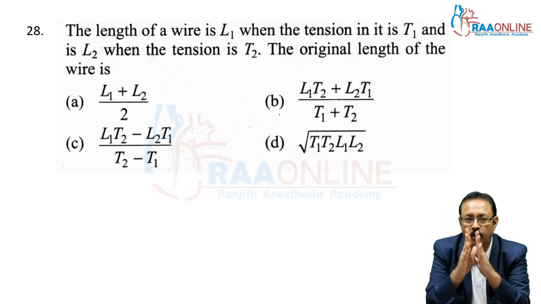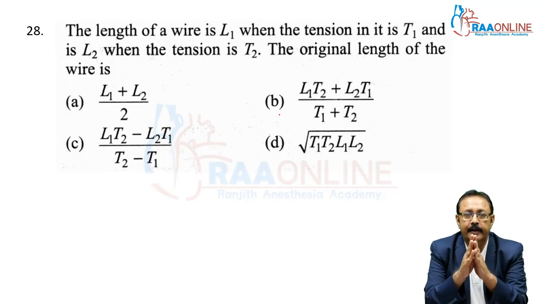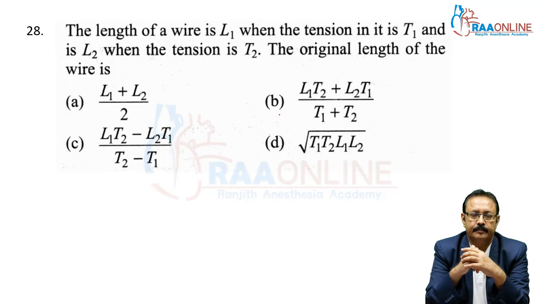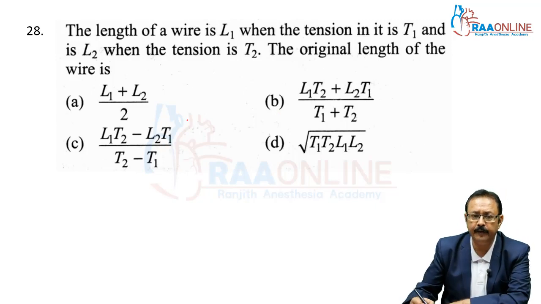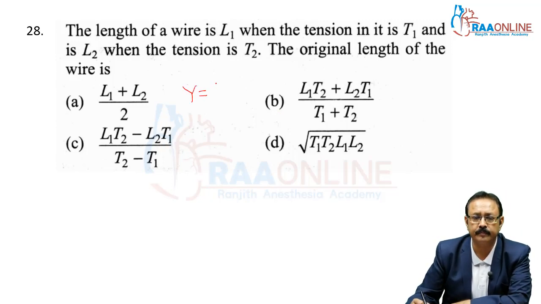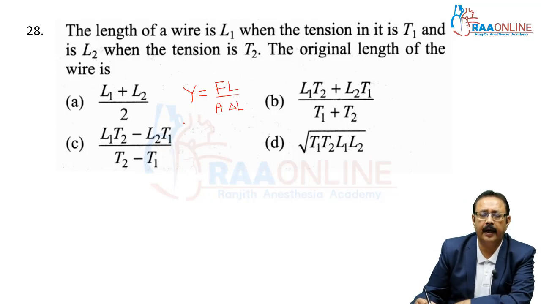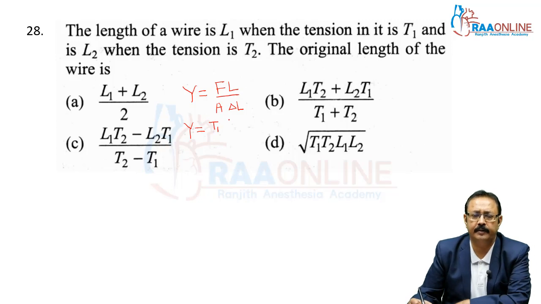It means we are talking about the same wire in both cases, and we know that Y is equal to FL upon A delta L. F means force. Force we are representing by tension. So it was tension. Suppose initial length of wire was L.